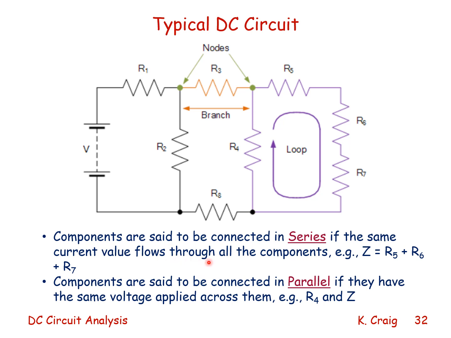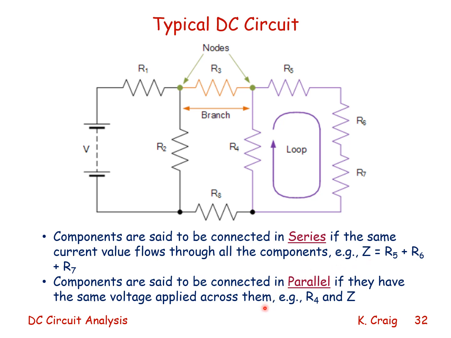Components are said to be connected in series if the same current flows through all the components. So resistors 5, 6, and 7 are in series because the same current flows through all of them. The equivalent impedance is the sum of those three resistances.